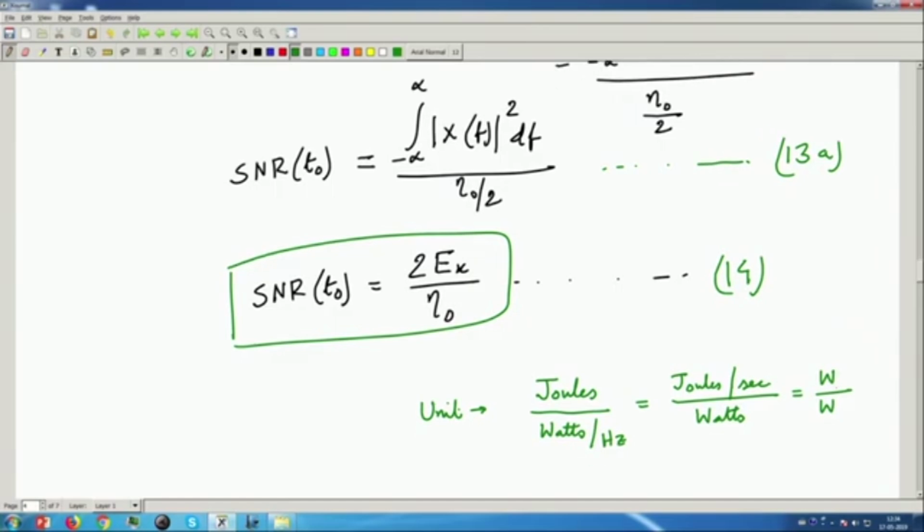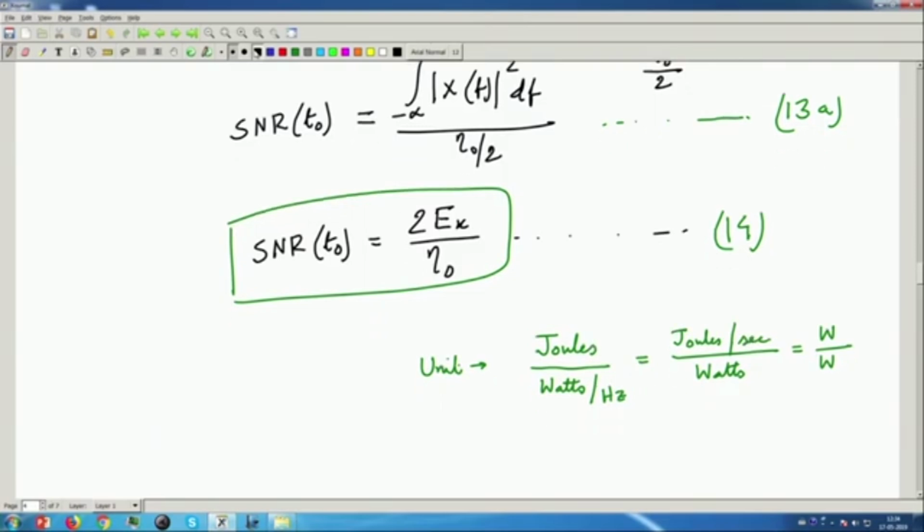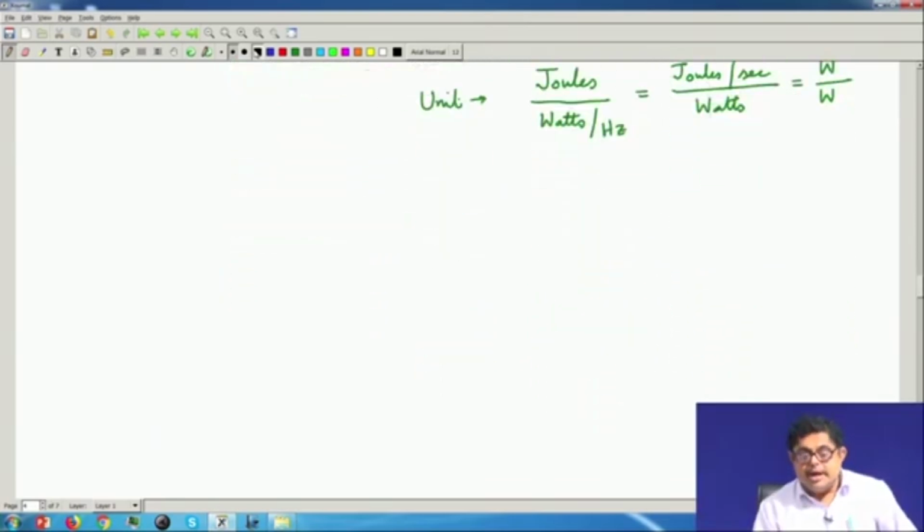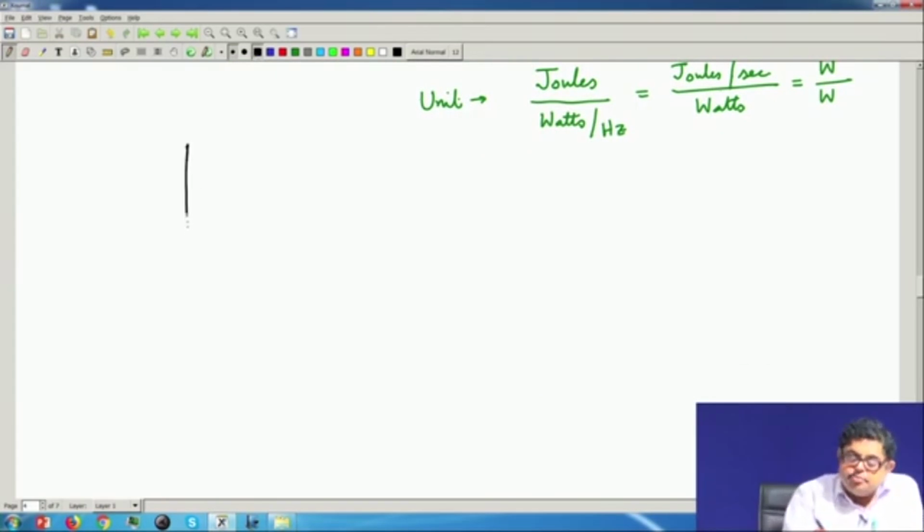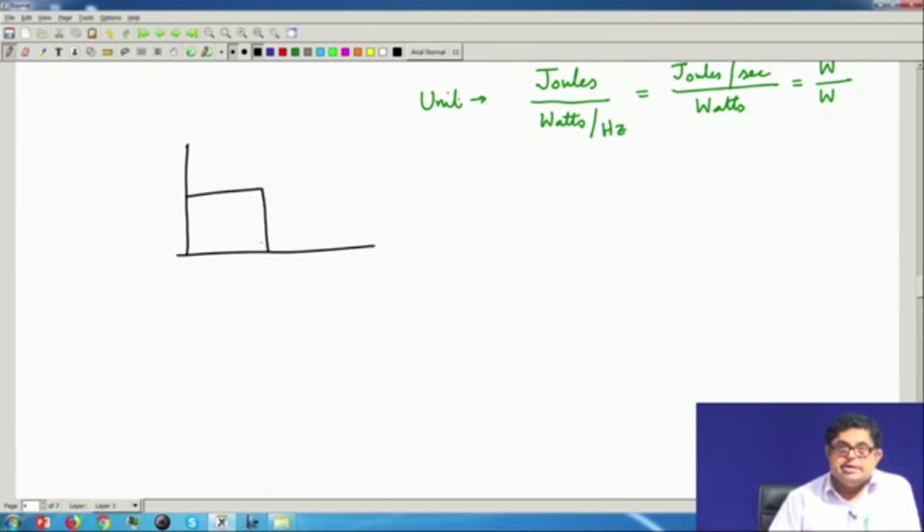Now, let us see the implication of equations 13 and 14. Let us say I have a pulse, in pulse radar we send this. So, let us say that I have x(t) like this, x(t) versus t.